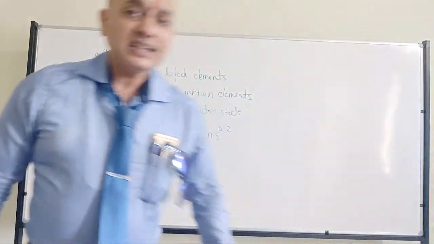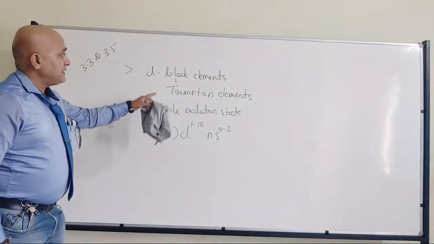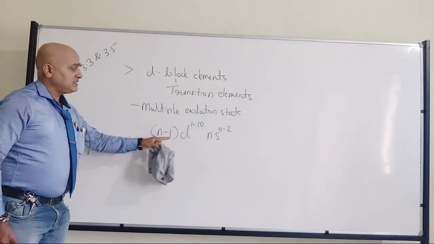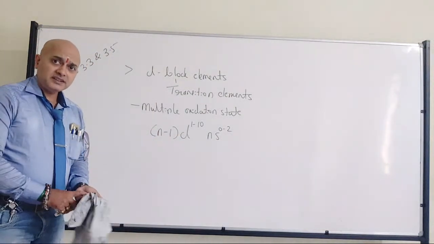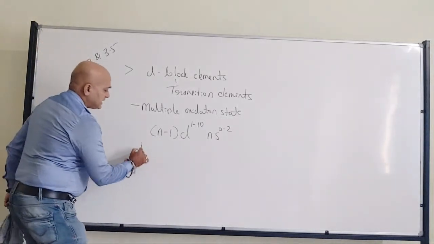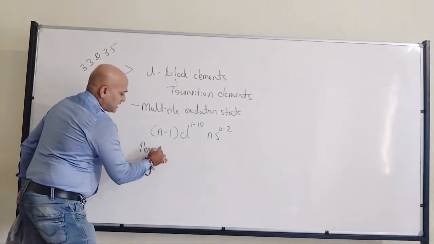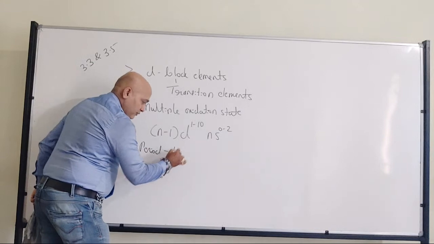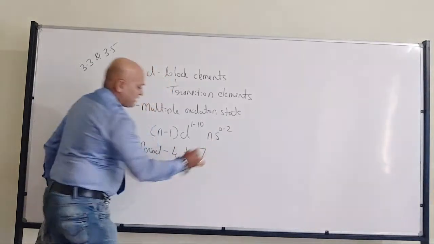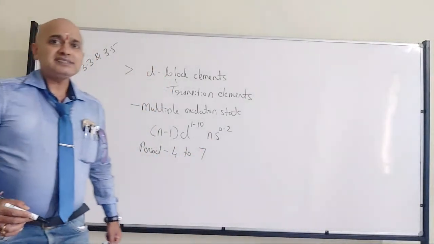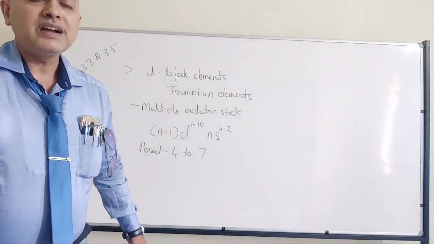So therefore, the general electronic configuration for transition elements is this one, right? It starts from period number 4 and ends at period 7.